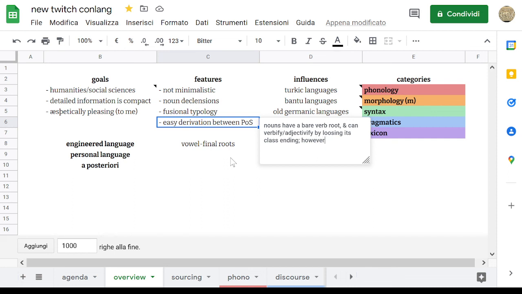However, also there is derivation that can preserve the class when verbifying.